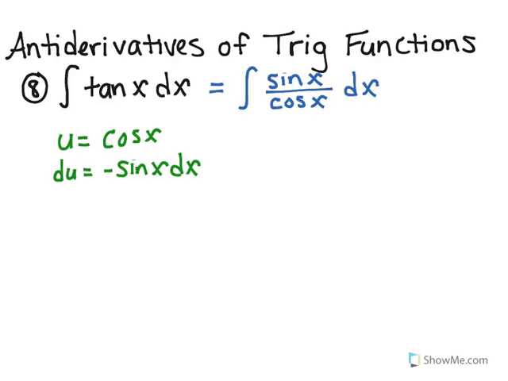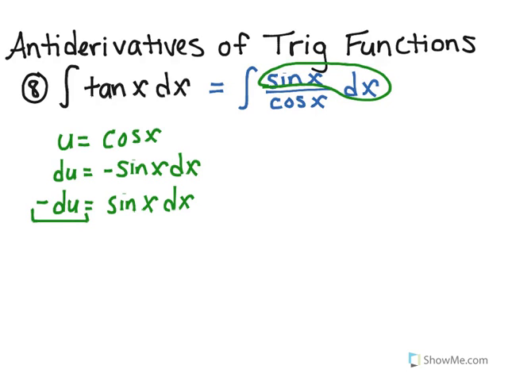I don't have negative sine x dx, so I'm going to bring the negative over with the du and make this positive sine x dx. And then the negative du will replace the sine x dx. And then the cosine x in the denominator becomes a u. So the rewrite of this integral is going to be negative antiderivative of 1 over u du.